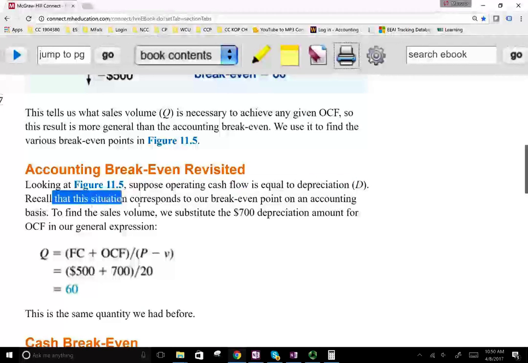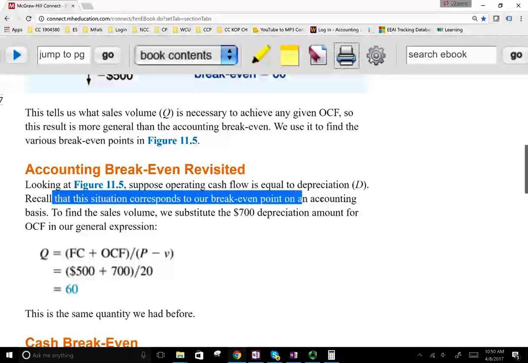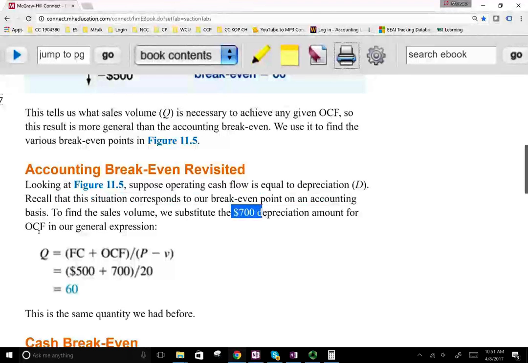Recall that this substitution corresponds to our break-even point on an accounting basis. To find sales volume, we substitute 700 for the operating cash flow, because 700 is equal to the depreciation. So 500 plus 700, divided by 20, equals 60. This is exactly the same as we had before, the accounting break-even.